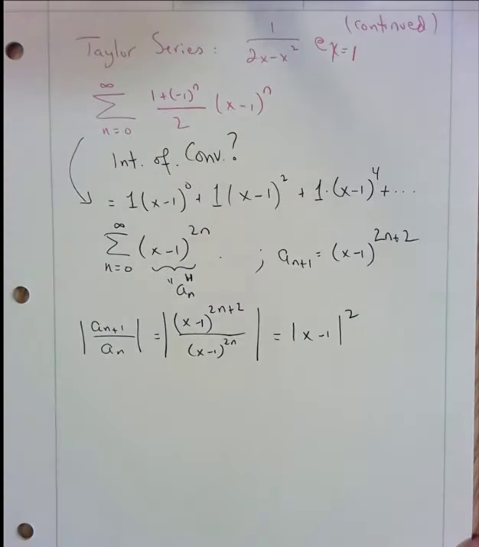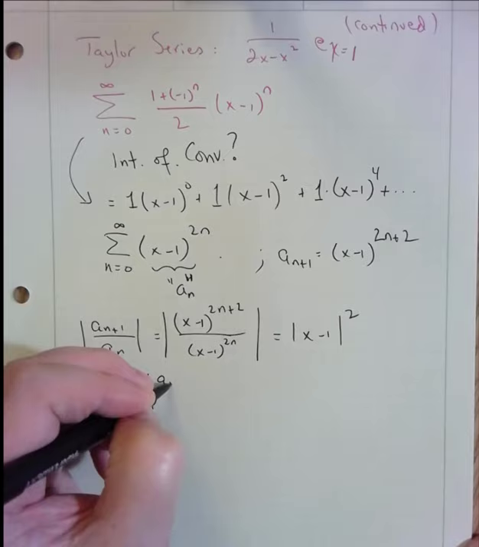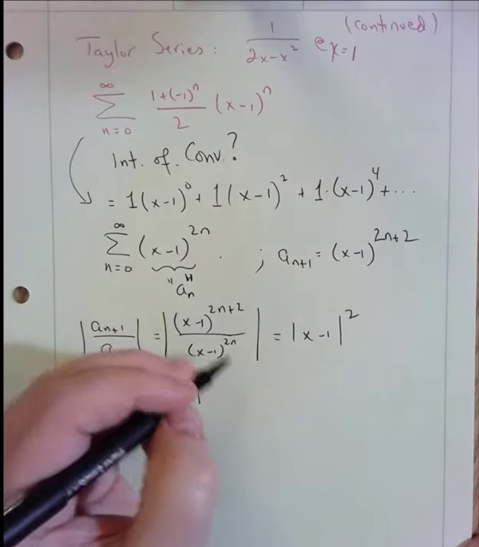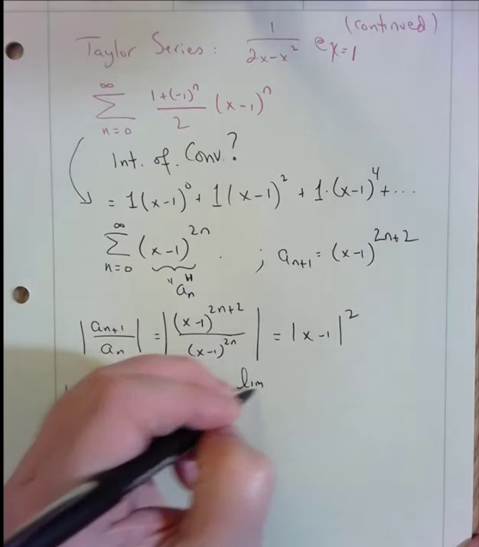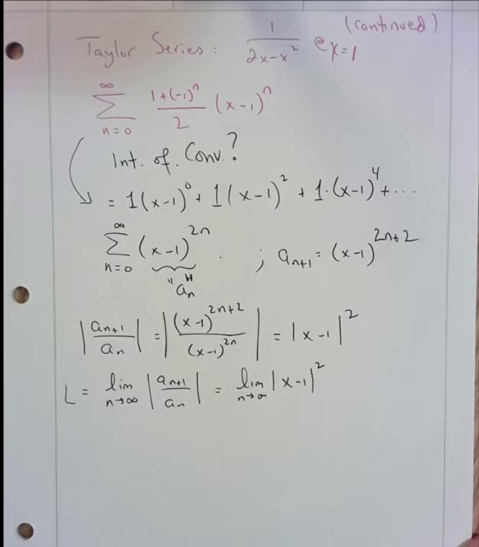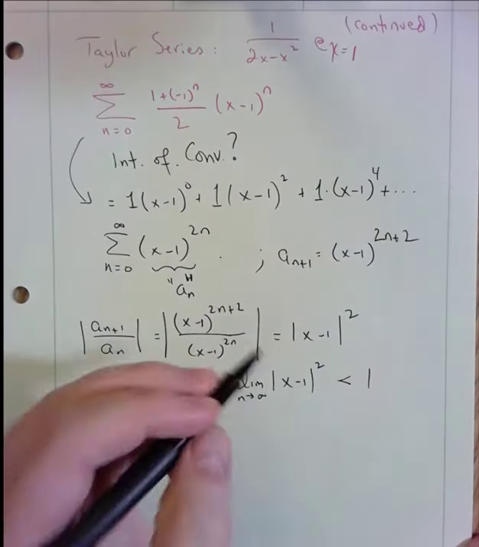So we get this. Ratio test says, all right, you've built this ratio with the absolute values. What are you going to do with it? Well, you're going to take the limit of it as n goes to infinity, which in this case is the limit as n goes to infinity of x minus 1 squared. That has to be less than 1 for convergence.